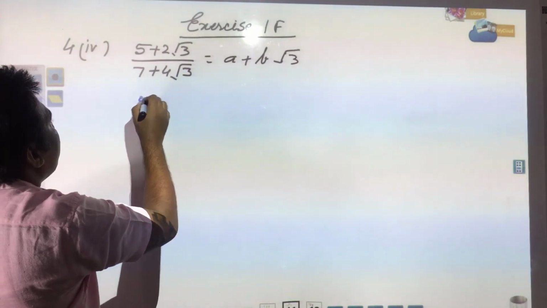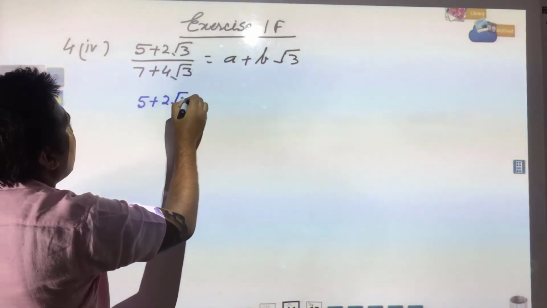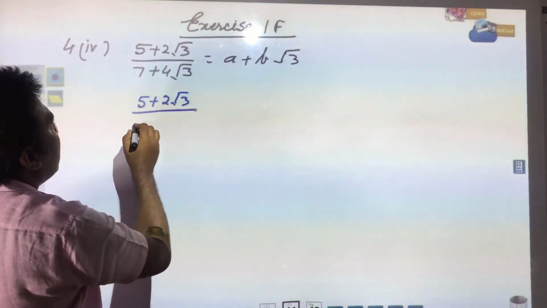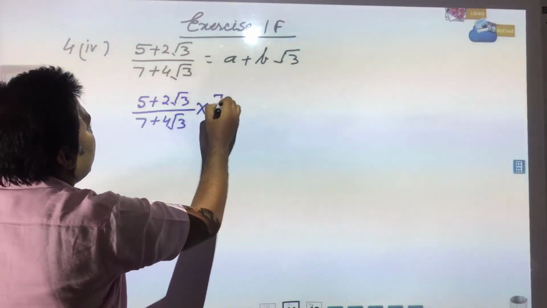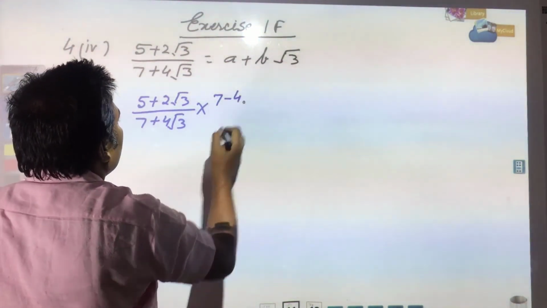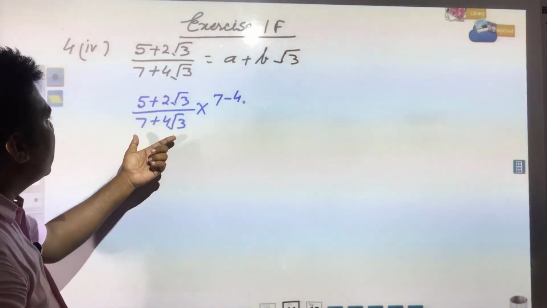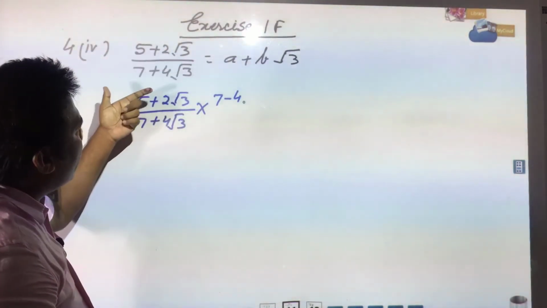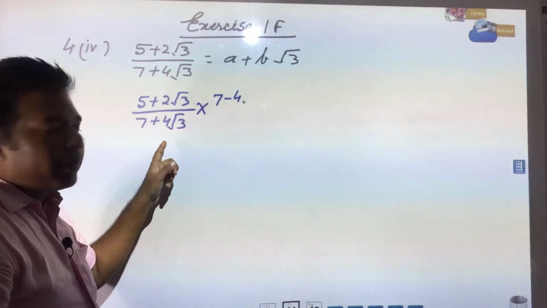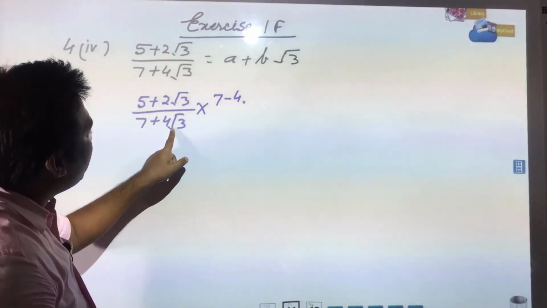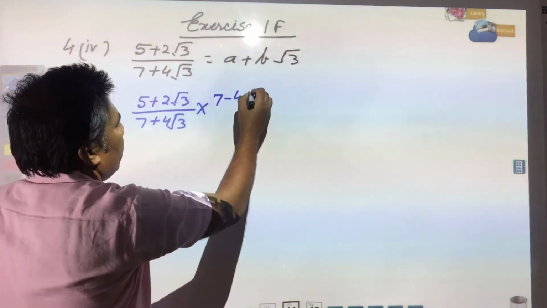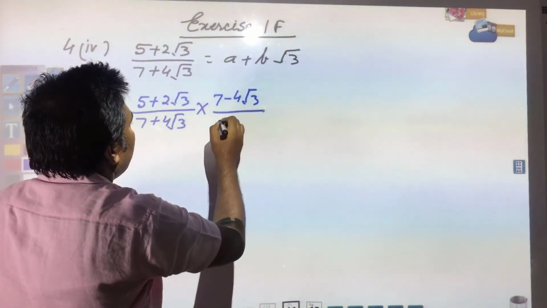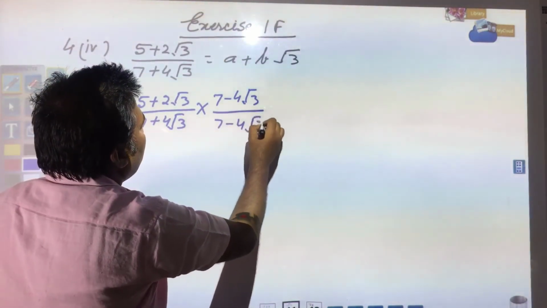So, 5 plus 2 root 3 divided by 7 plus 4 root 3 into 7 minus 4 root 3. You need to rationalize this. Your rationalizing factor is 7 minus 4 root 3, divided by 7 minus 4 root 3.